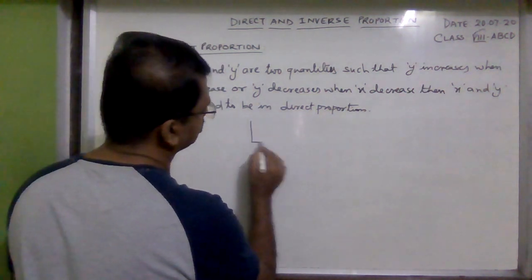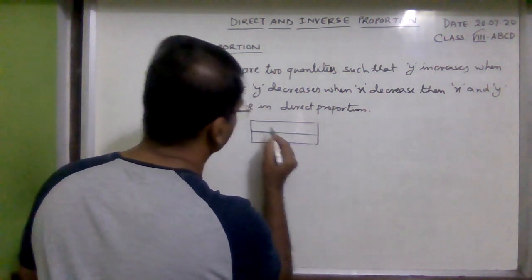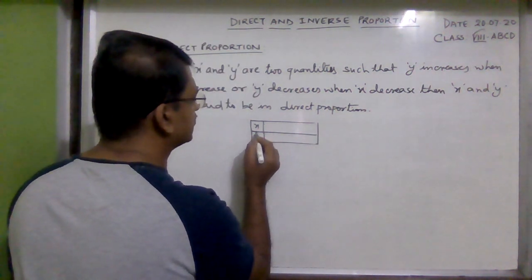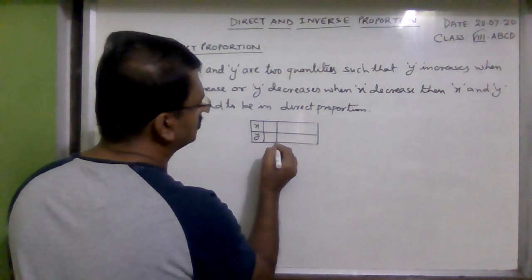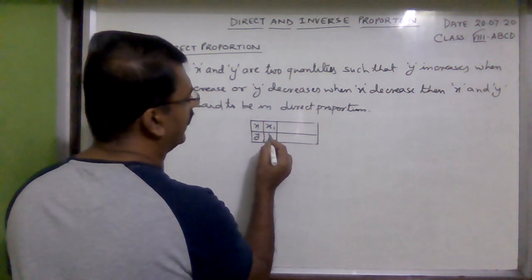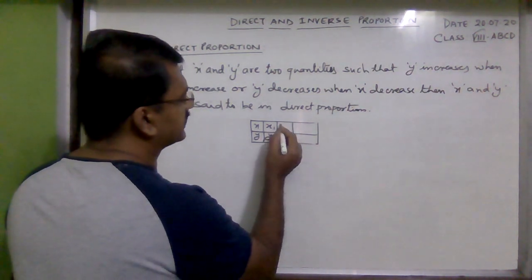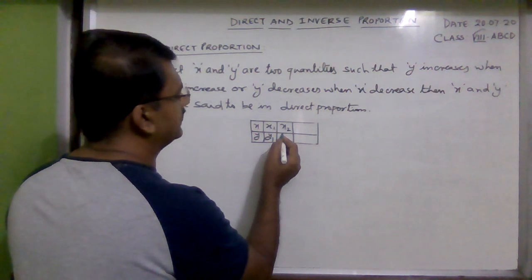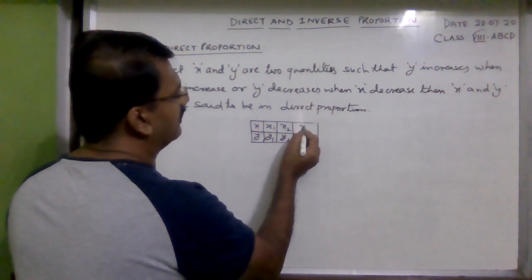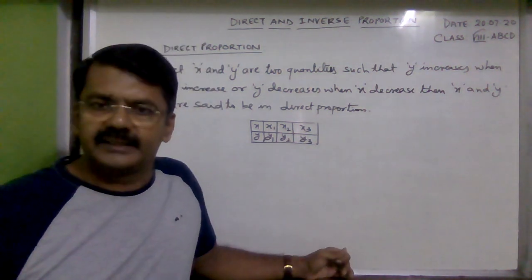So this is x, this is y. Now when the value of x is equal to x1, then the value of y is equal to y1. When the value of x is x2, then the value of y is equal to y2. And when the value of x is x3, then the value of y is y3.